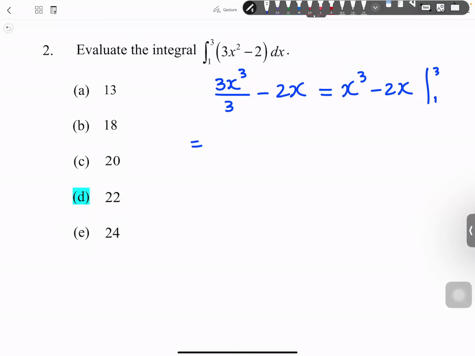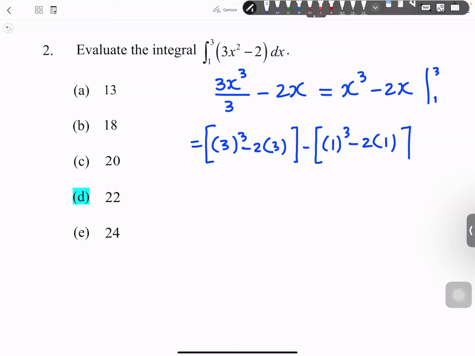Now keep in mind, this is the no calculator portion of the exam. So we need to be able to evaluate by hand. So this is going to be 3 cubed minus 2 times 3, plug in top, minus plug in bottom. So that would be 1 cubed minus 2 times 1.